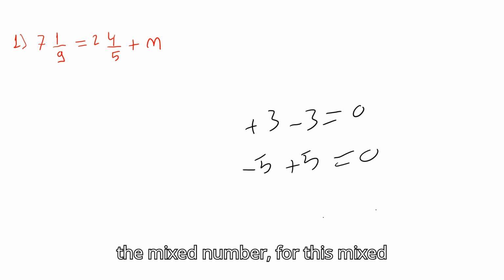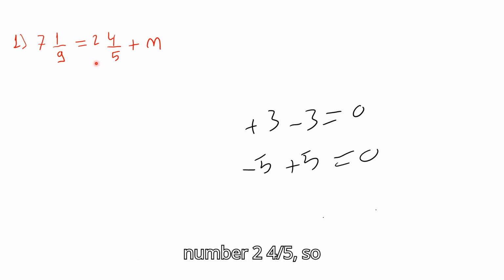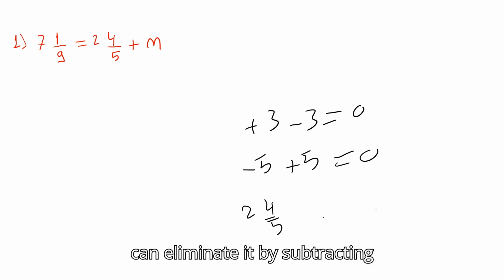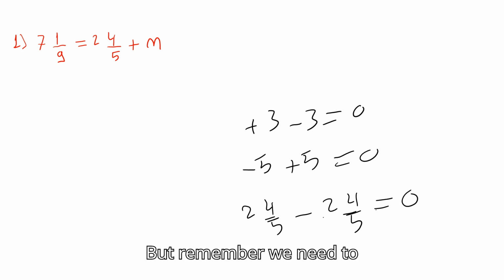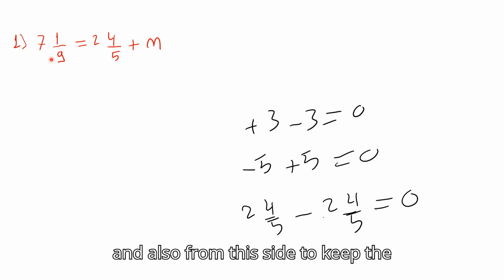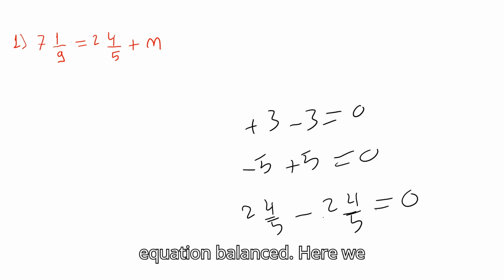Now, for this mixed number, 2 4/5, we can eliminate it by subtracting 2 4/5, because 2 4/5 minus 2 4/5 equals 0. But remember, we need to subtract 2 4/5 from both sides, from this side and also from this side, to keep the equation balanced.